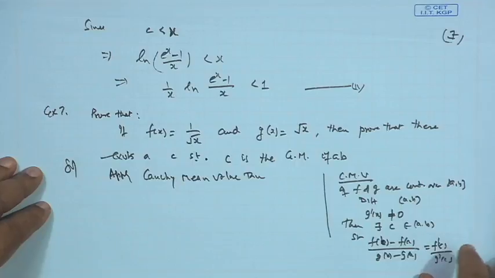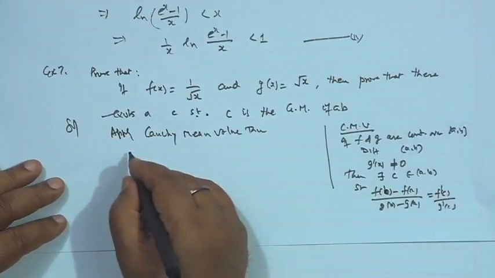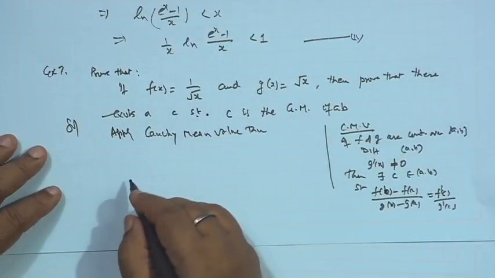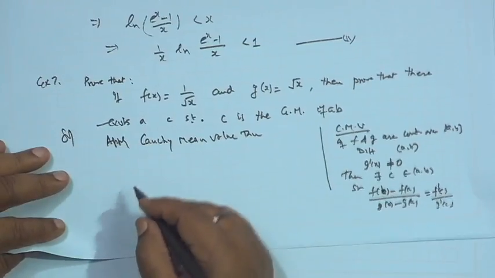This is the Cauchy mean value theorem. So, apply this here, where f(x) and g(x) are such. So, find out f'(c).